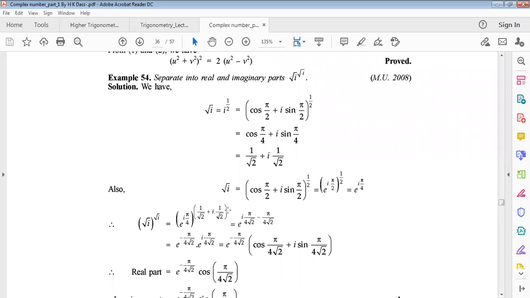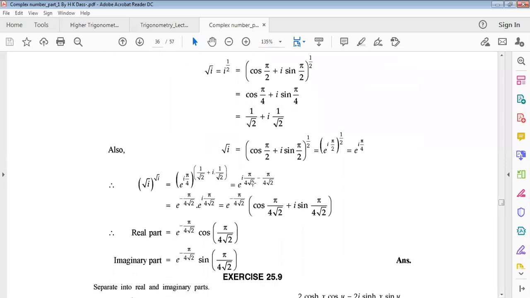That means π/4 multiplied by 1/√2, that is π/(4√2). This is the whole power on e. Remember it. Now we can separate this power individually: e^(-π/(4√2)) into e^(iπ/(4√2)).